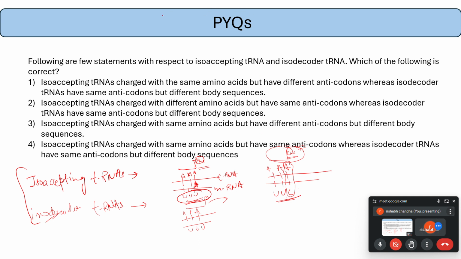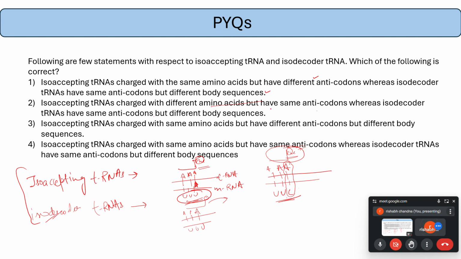So iso-accepting tRNAs are charged with the same amino acids but have different anticodons. Okay, this is correct. Whereas isodecoder tRNAs have the same anticodons but different body sequences. So yes, this is correct. Then we have the second option. Iso-accepting tRNAs charged with different amino acids but have the same anticodons, whereas isodecoder tRNAs have the same anticodons but different body sequences.